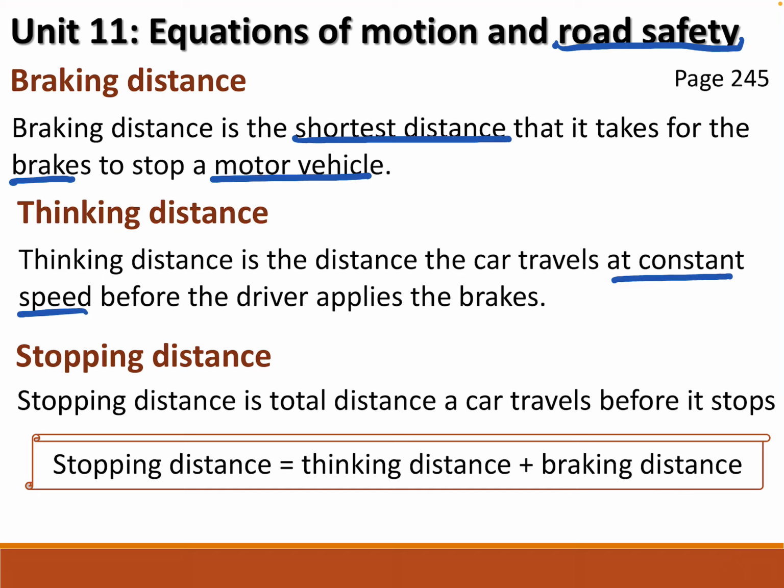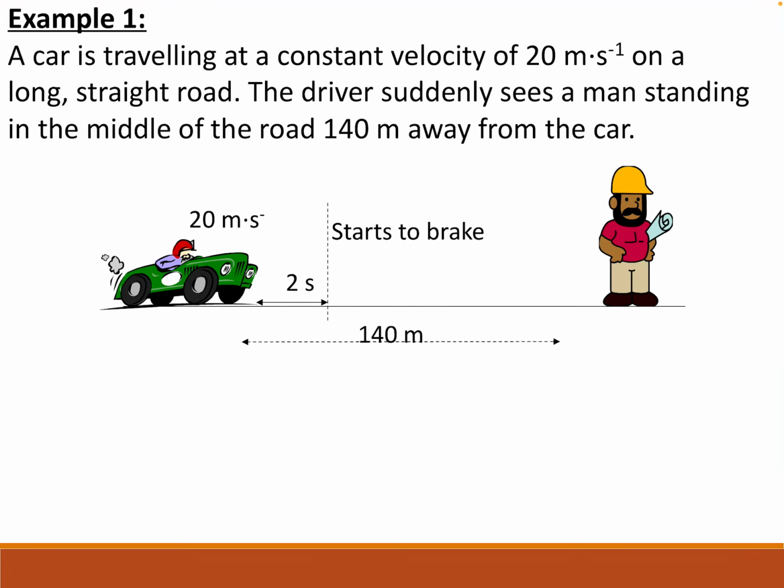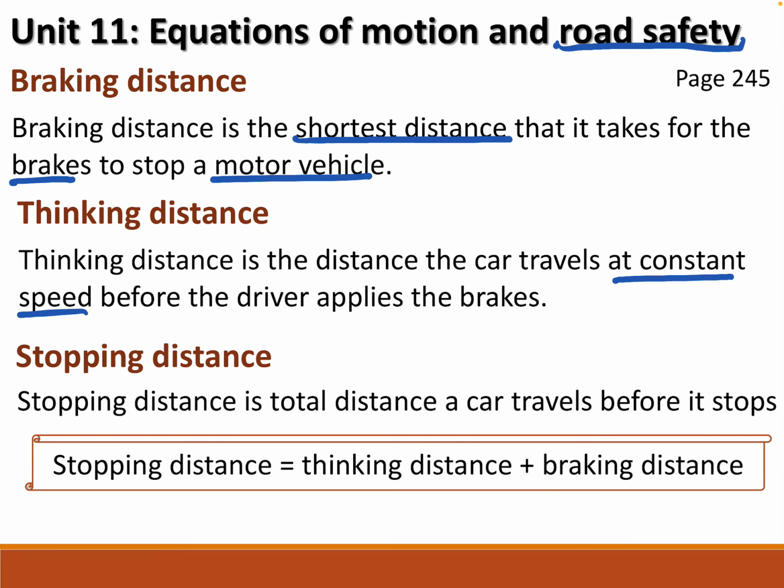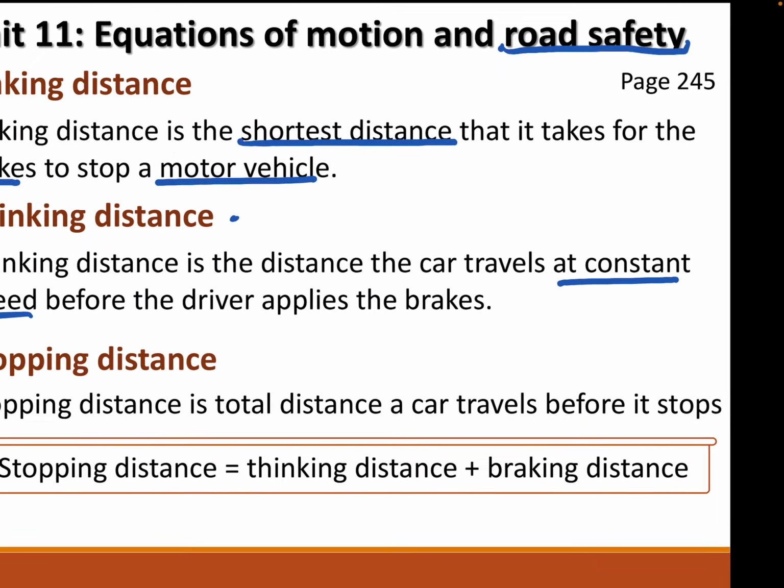It's not only the distance needed for your car to slow down, but it's how long it takes you to react. So the thinking distance is the thing that makes the biggest difference, because braking distance for every car will be the same if its brakes are being pressed with the same force. So that's quite important. Let's do an example.